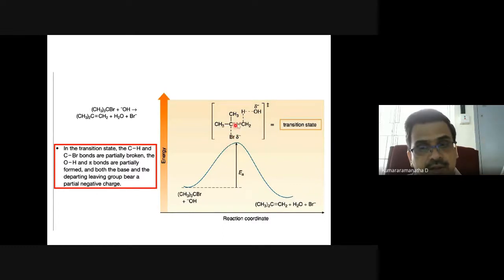So you see that hydrogen and bromine are all there in the transition state, and that is the highest energy. Once this energy is passed, the C-Br bond breaks and the O-H bond is formed, and as the reaction progresses, after elimination of water and hydrogen bromide, you start getting a double bonded system. So the important aspect is the intermediate state.